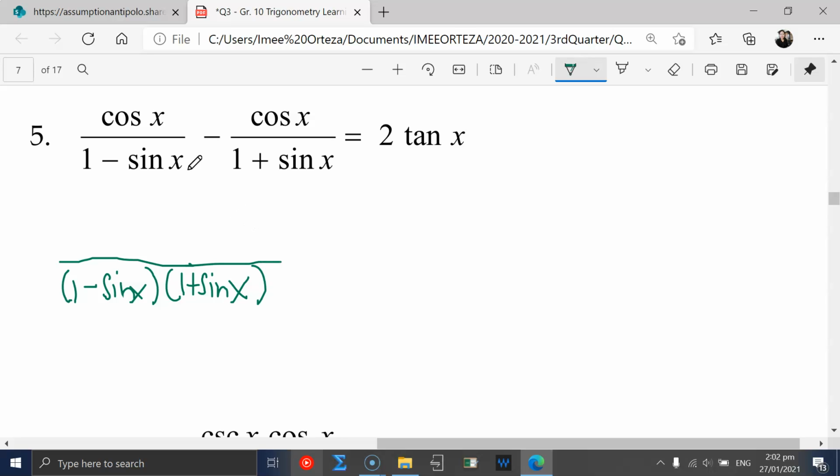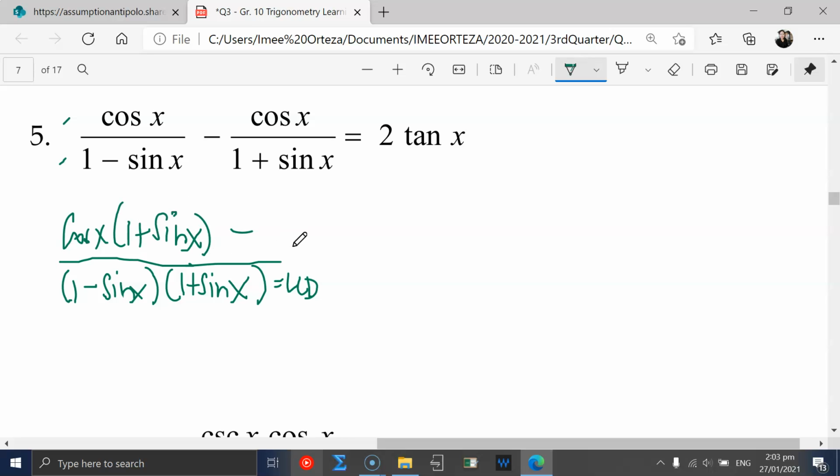Since we have changed the denominator of each fraction, we should also change the numerator of each fraction. So the LCD divided by the denominator times the numerator cosine x will give you cosine x times 1 plus sine x.